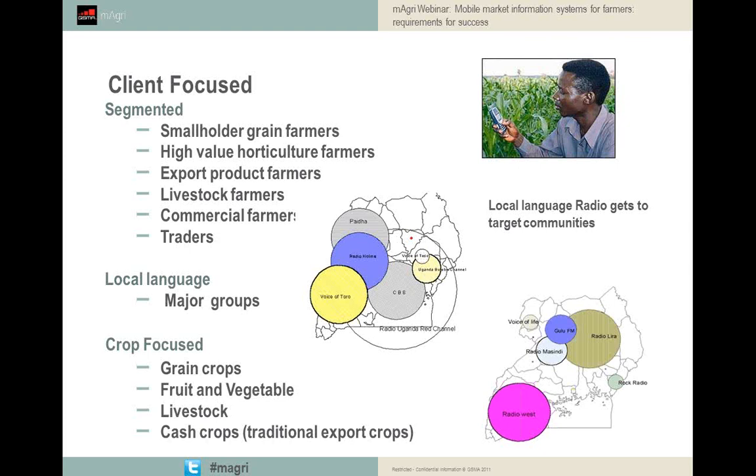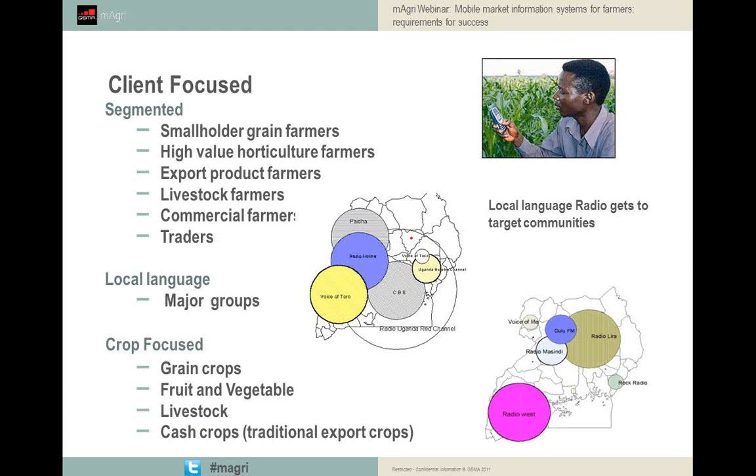So I think that what you'll see in most cases is that the MISs that we see today are focused on grain crops, stable, storable products that you can maintain a price to. When you're looking at other types of products, the information is much more volatile and it has to be done in a very different way to what you're seeing with the daily and weekly prices that are referred to grain crops.